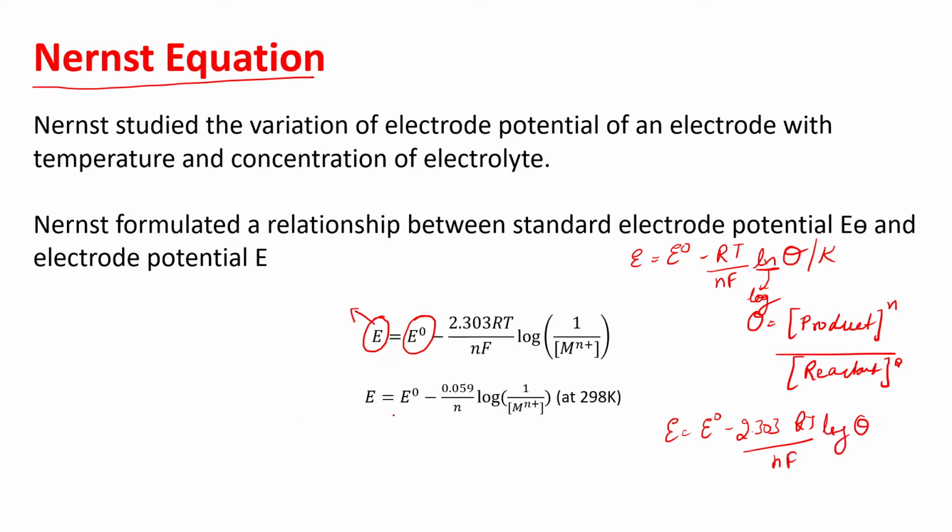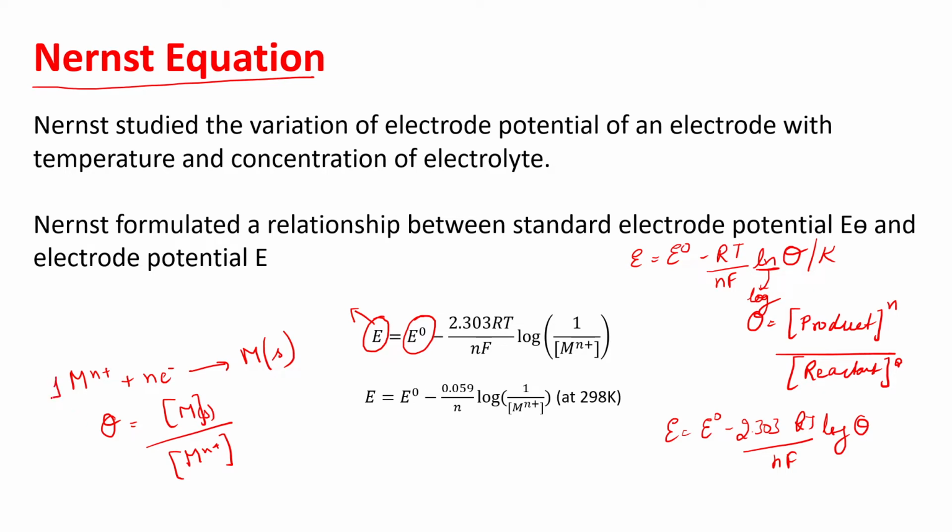Okay. So let's say writing a simple equation, M n+ ions taking n electrons are converting into M solid. If we are going to write the Q for this, it is M solid divided by the concentration of M n+ ions.